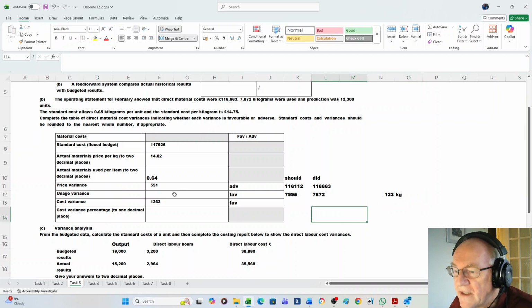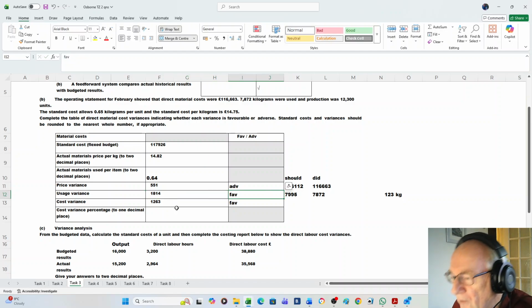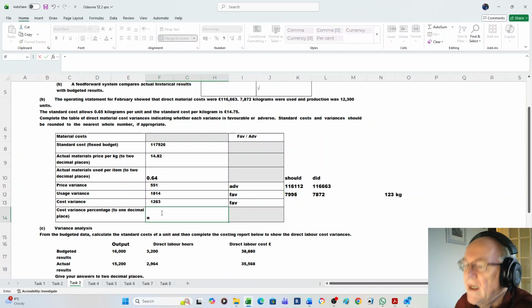So the second stage is just timesing it by the standard price. So 1814. So 1814 minus 551 is 1263. So we've reconciled it, we're happy, and we can move on.